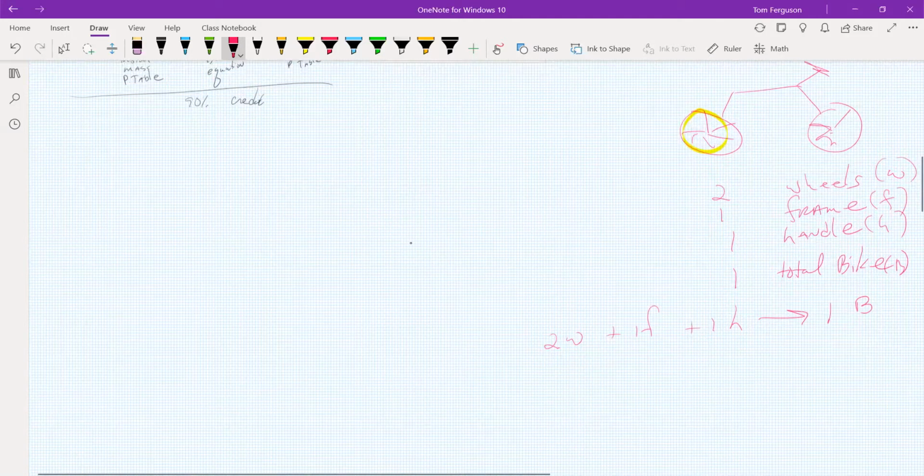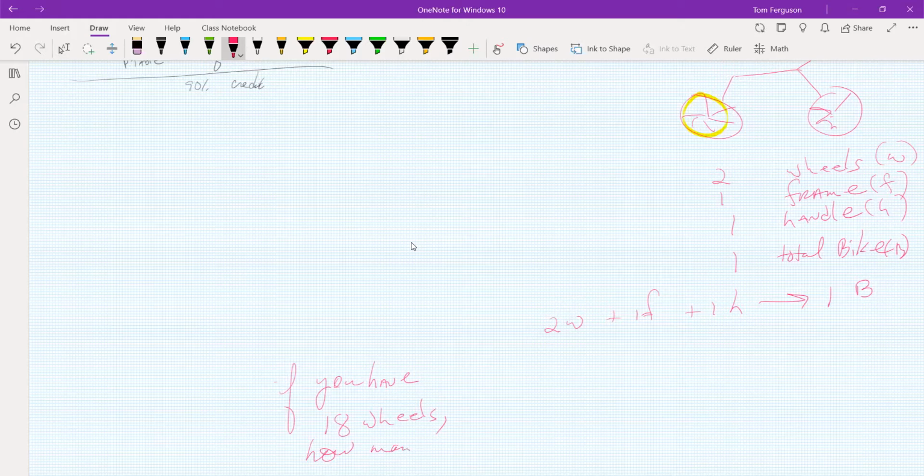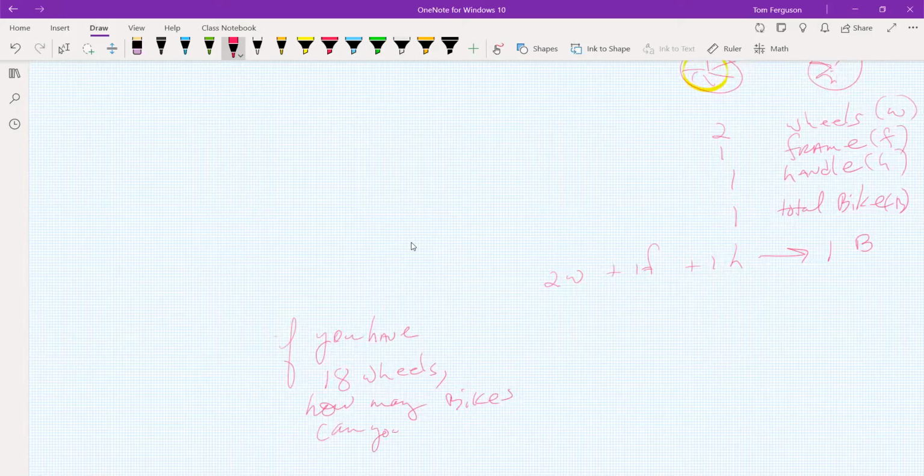So I could ask you a similar question. If you have 18 wheels, how many bikes can you make? All of you can do this in your head.